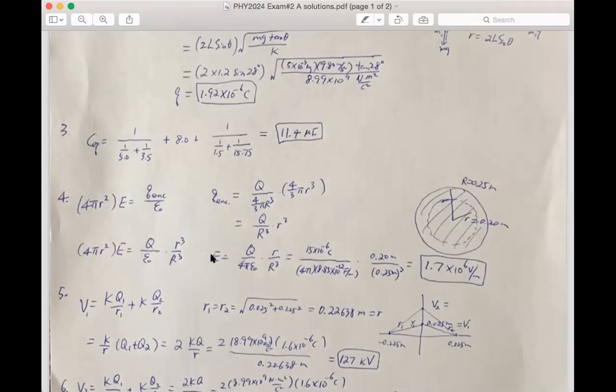For the E field, Q enclosed is what matters here, because you are at a distance of 0.2, where the radius of the sphere is 0.25. So you are within this sphere, and you don't take the whole charge of the sphere. You will just have part of the charge of the sphere. So take this small sphere over here, then calculate what's the charge inside, including this small sphere.